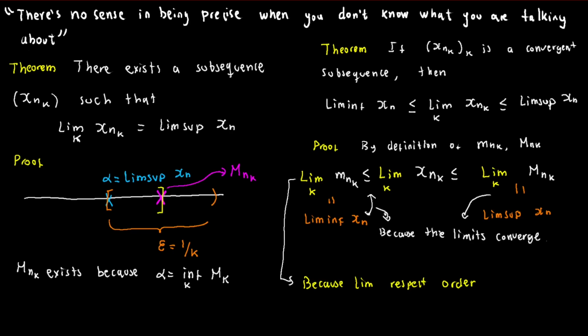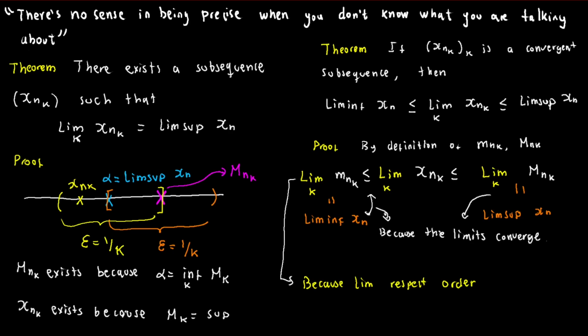Let m_(n_k) be that supremum. Since m_(n_k) is a supremum, we can find an x_(n_k) that lies between m_(n_k) minus 1 over k and m_(n_k). Therefore, x_(n_k) is within a ball of radius 1 over k around alpha. Finally, the subsequence x_(n_k) that we constructed in this way converges to alpha.